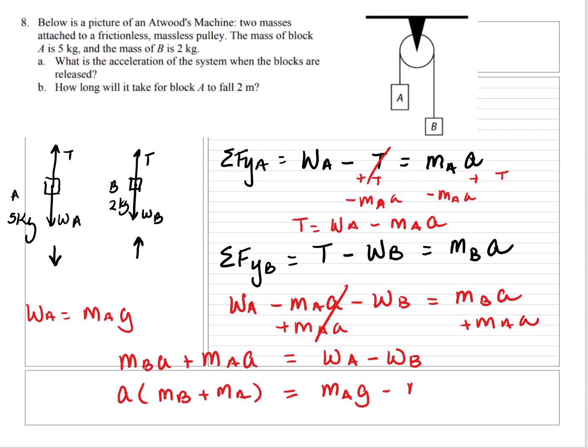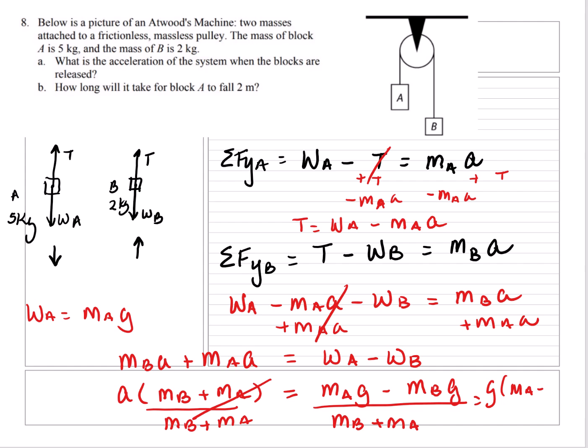Same goes for WB. That's mass of B times gravity. So now I'm going to divide both sides by MB plus MA. And you could even factor out a G on top. And if I do that, that's G times MA minus MB over MB plus MA.